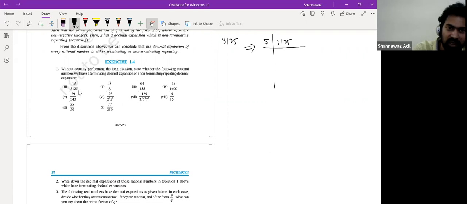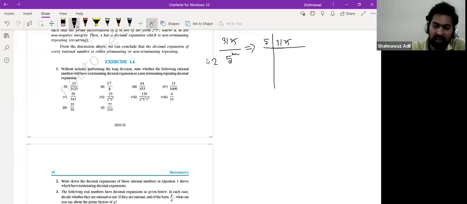Terminating, because this has only 5s, a factor of 5 to the power n. But my sir told that the power of 2 will be 0. In that way, we can prove that it is terminating. That power of 2 will be 0, that is equal to 1.